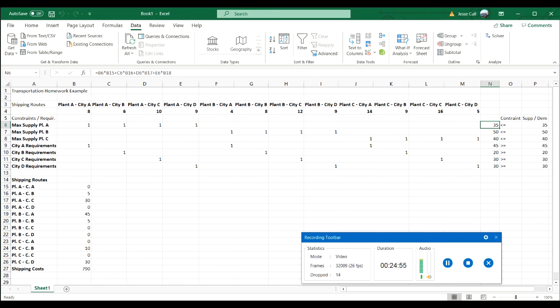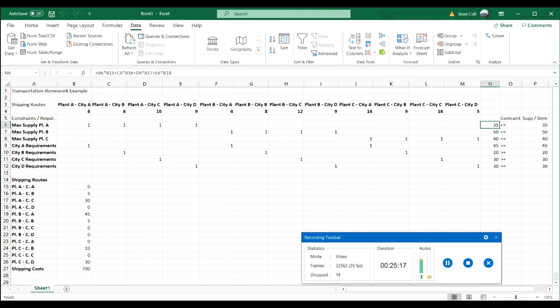And we see that from plant A to city B, we ship 5 units. From plant A to city C, 30 units. So that means 35 units are being shipped from plant A, which is acceptable. That's the maximum they have available.